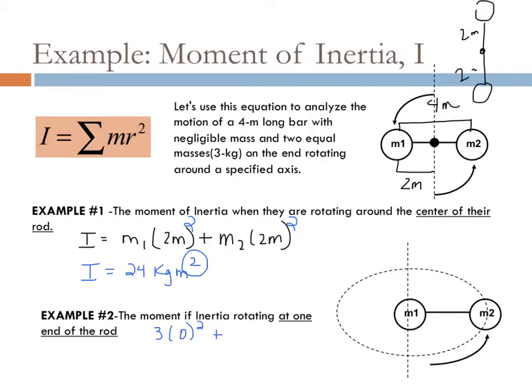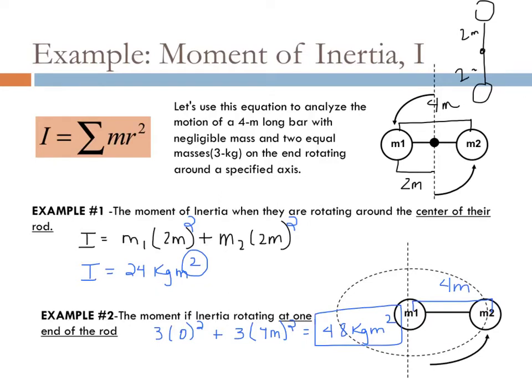For the second mass, it is 3 kilograms. And now, because I know the length of the rod has not changed, it is 4 meters away from the axis of rotation. And remember to square that value. So for that one, you should get a value of 48 kilograms meters squared.